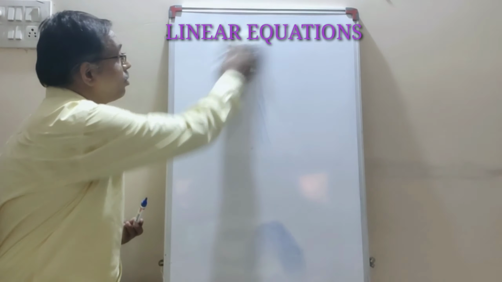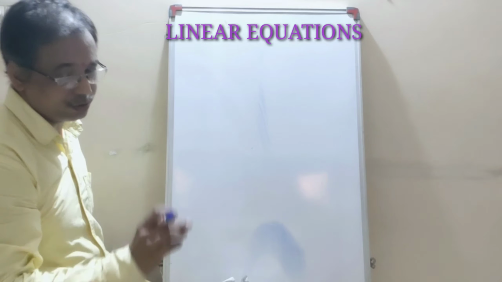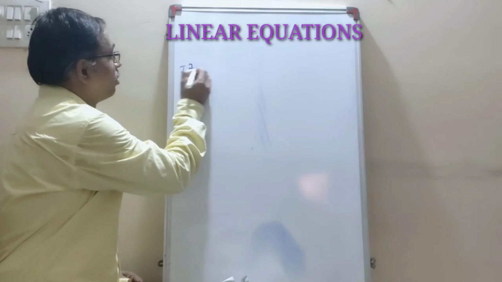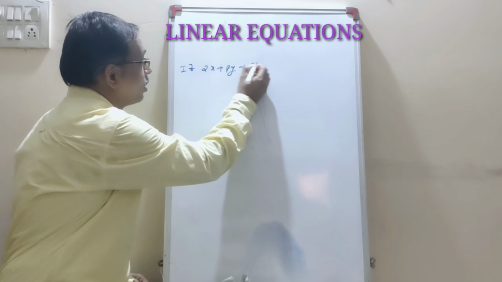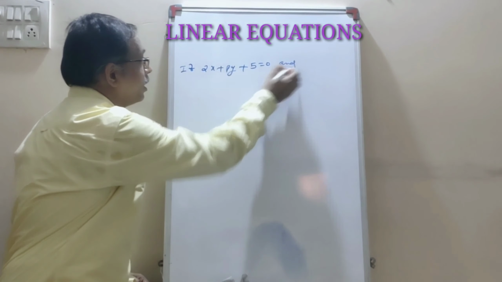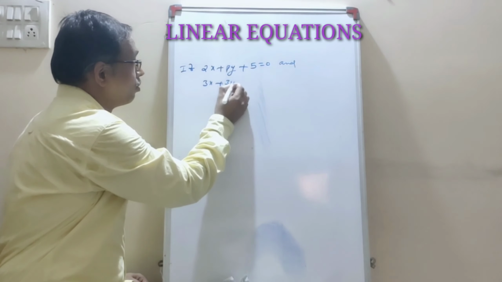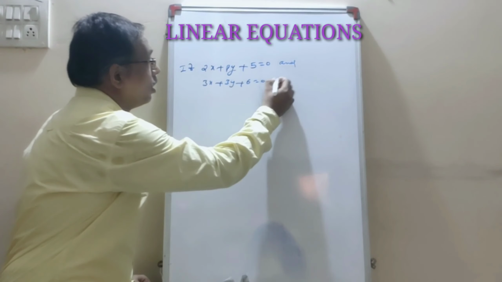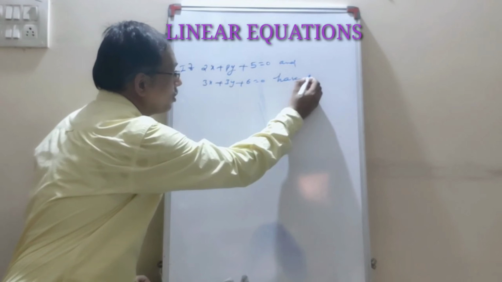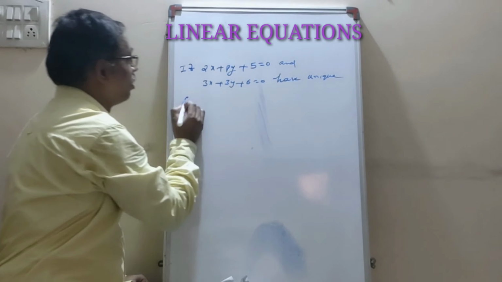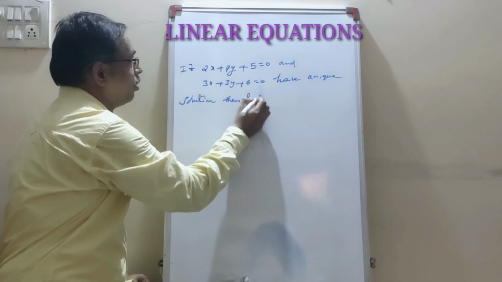Here we have two lines, and the pair of lines have a unique solution. See this: if 2x plus py plus 5 equal to 0 and px plus 3y plus 6 equal to 0 has a unique solution, then find p.